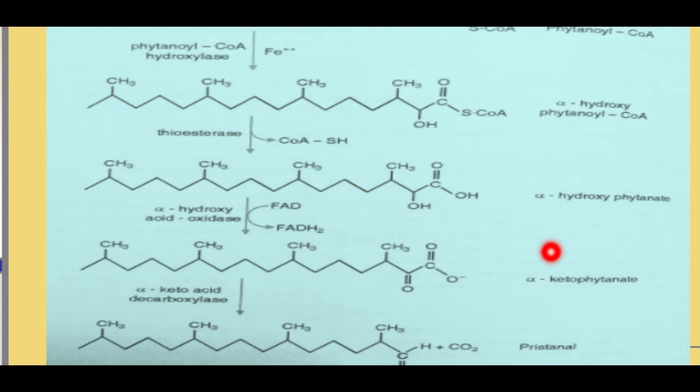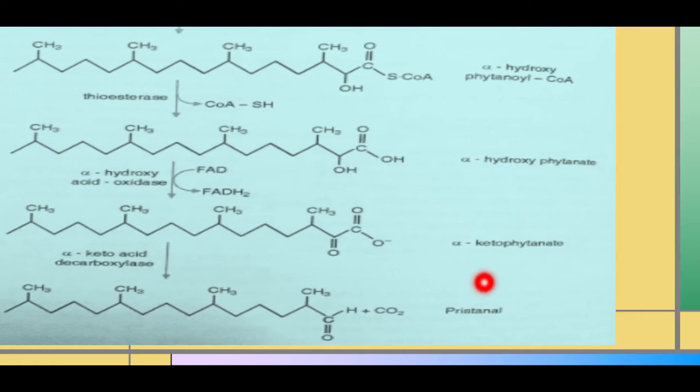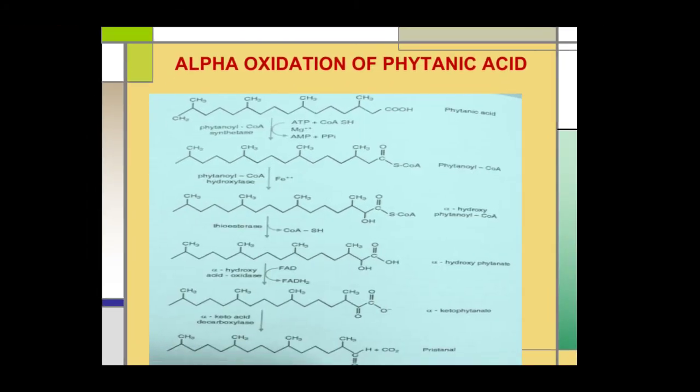And in the last and the fifth step, this alpha ketophytanic acid is converted to pristanal, releasing carbon dioxide by the enzyme alpha keto acid decarboxylase. As a result of this oxidation of phytanic acid, pristanal is formed.